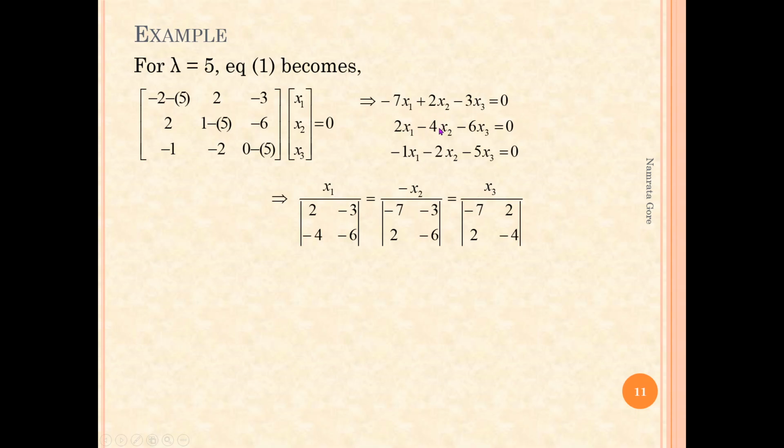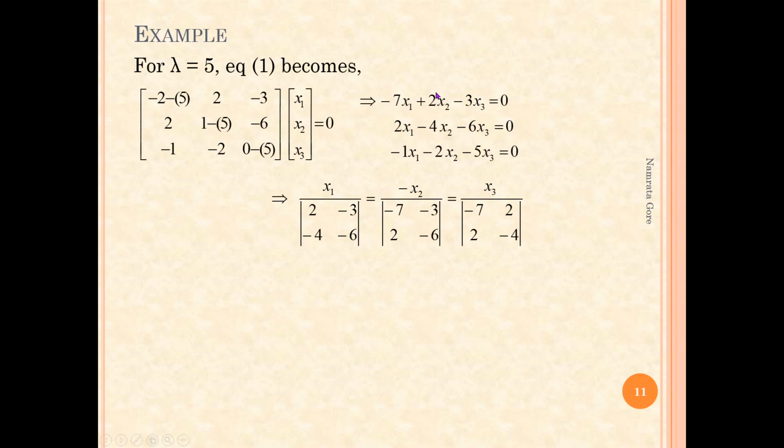So excluding the terms of x2 we get -7, -3, 2, -6. And in the last, for x3, excluding the terms of x3, we get -7, 2, 2, -4. So we are considering the first 2 equations to solve this.